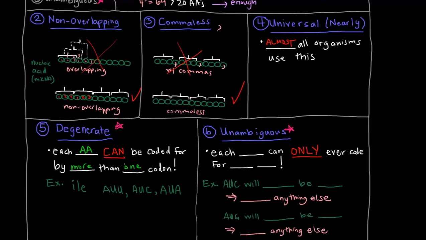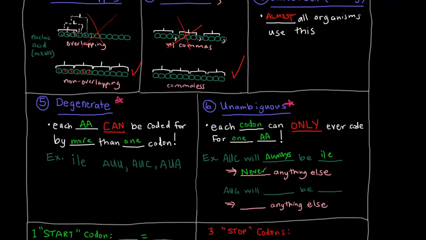This idea goes hand in hand with the code being unambiguous, which basically is that each codon can only ever code for one amino acid. An example here is that AUC will always be isoleucine, and it will never be anything else.